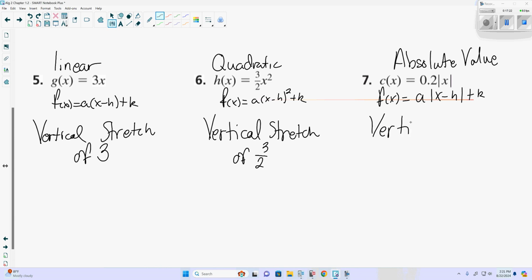So it's a vertical shrink because it is between 0 and 1. Questions on any of this here? We feel good with these so far?